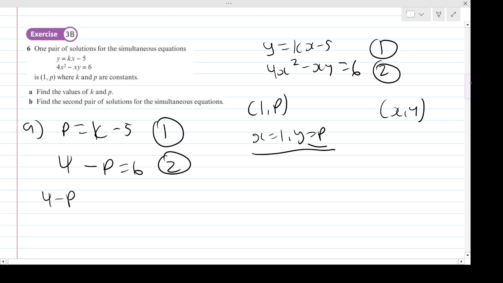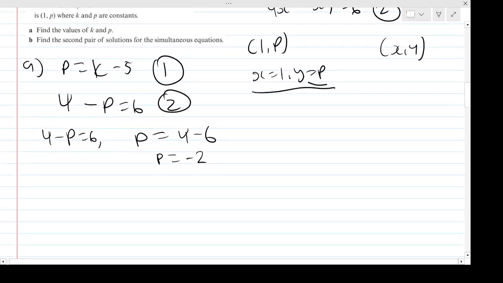If 4 minus p equals 6, then p would be 4 minus 6, if I move the p to the other side and likewise the 6 back to the other side as well. I get this solution here, and that's easily minus 2.